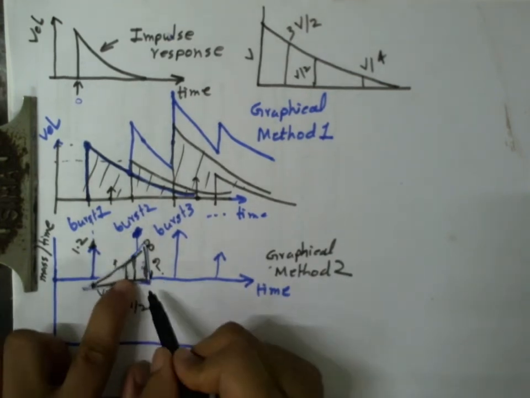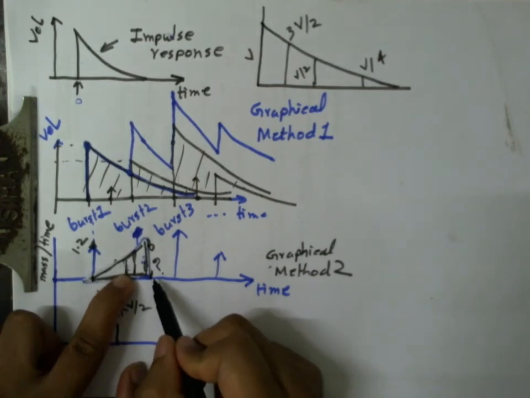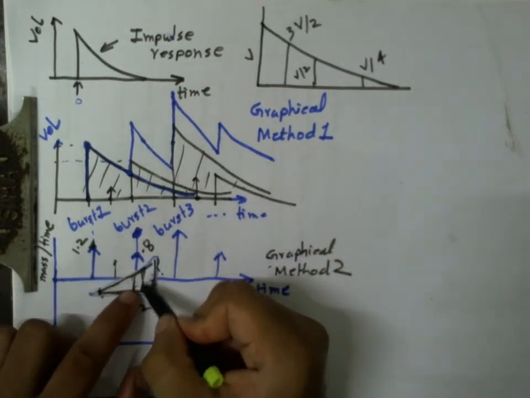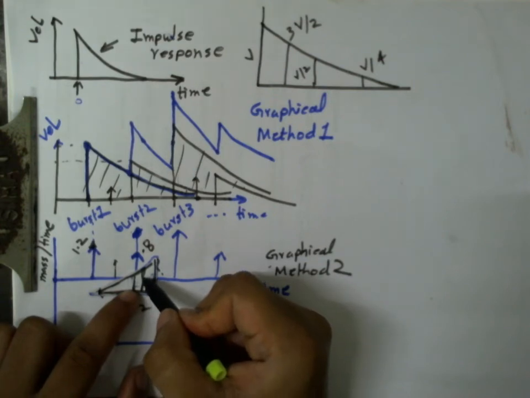So therefore the velocity at this point will be 0.8 times this height, which we said is 0.7.